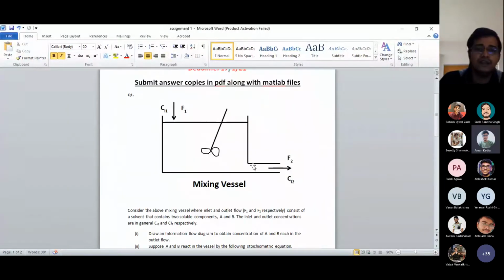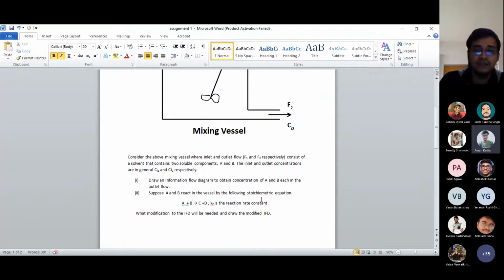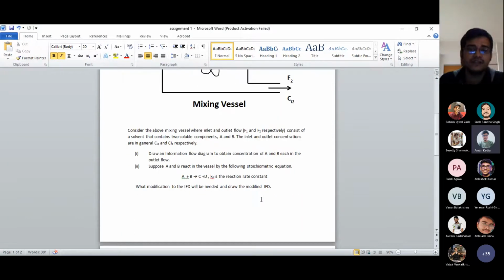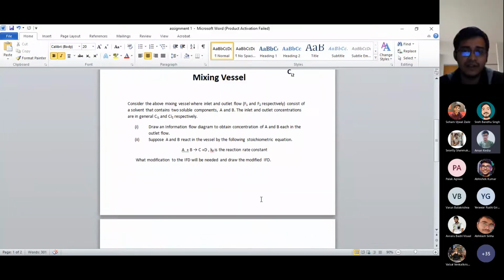Okay, so basically this is a mixing vessel where in the first case there is no reaction happening, in the second case there is reaction happening. So you have to make two IFDs, one for each case, right? So this is one problem that I have given.